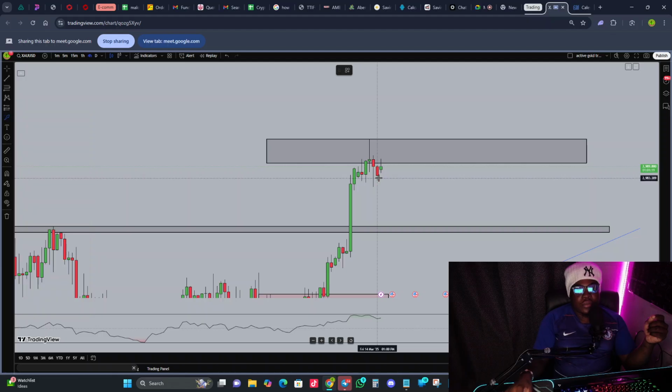So this here is a pullback. I'm going to make a small arrow.